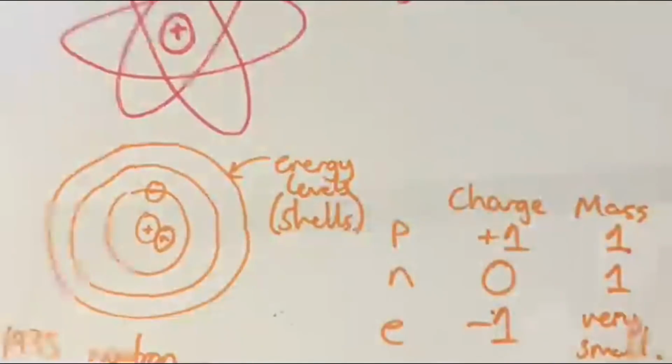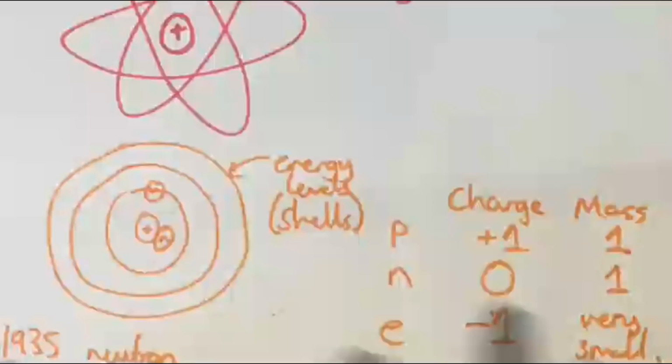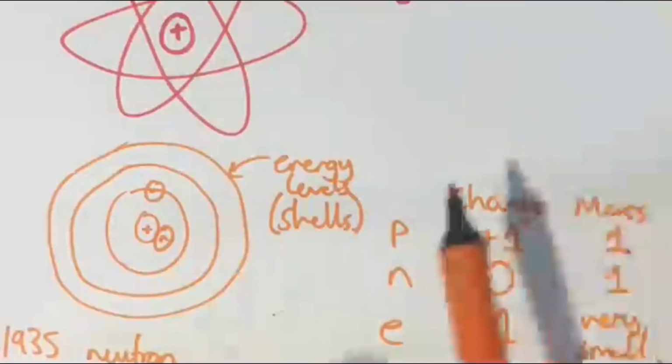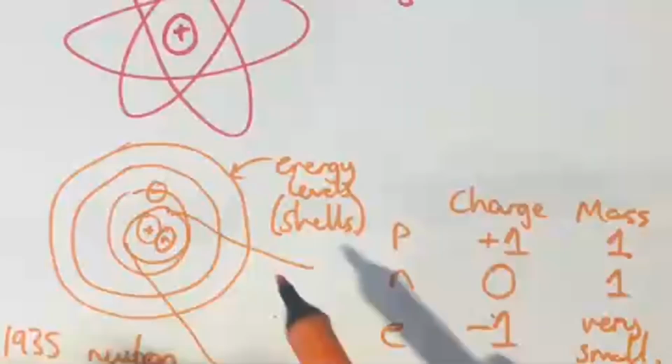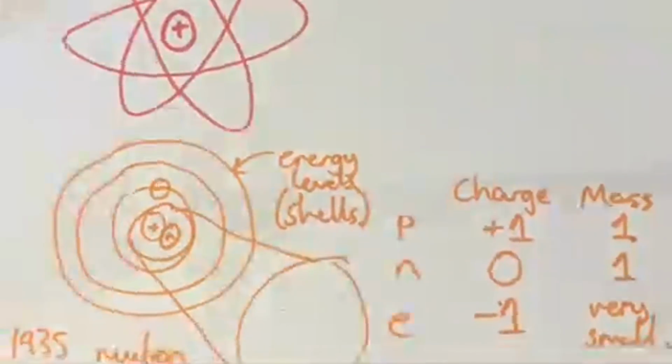Okay, let's talk about this in terms of getting to radiation. Now this is all the same as chemistry. The bit which makes it physics is, take that nucleus. Right.